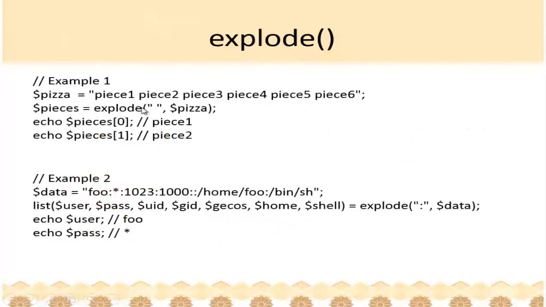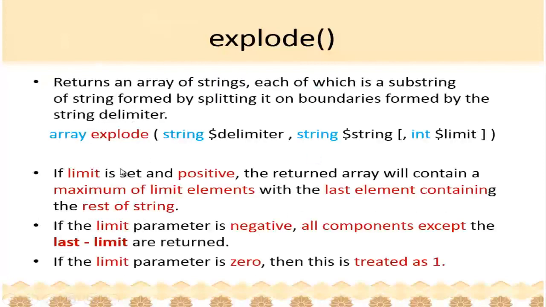Let's look at an example. You have piece 1, piece 2, piece 3, piece 6 within the pizza, and you are saying that the delimiter between the pieces is a space. Explode it into an array. It's going to split it into an array. The first element of the array will have piece 1, second element will have piece 2, and so forth.